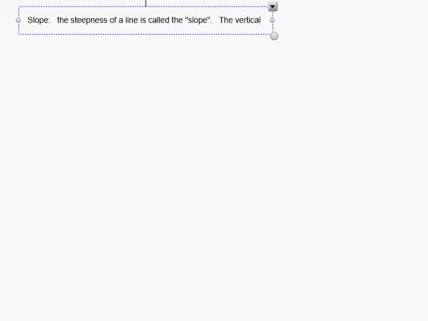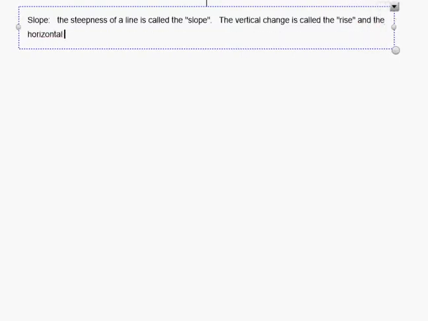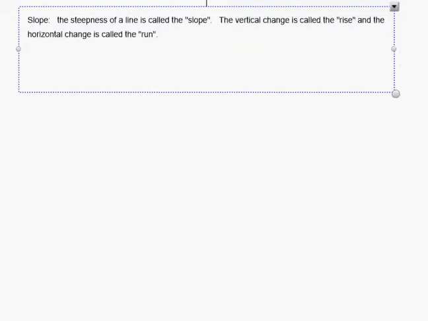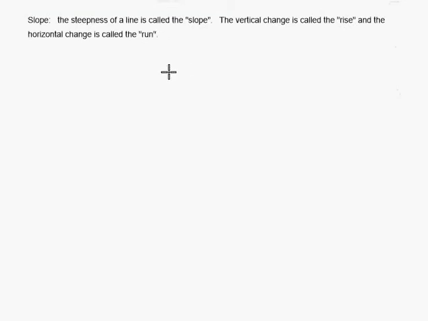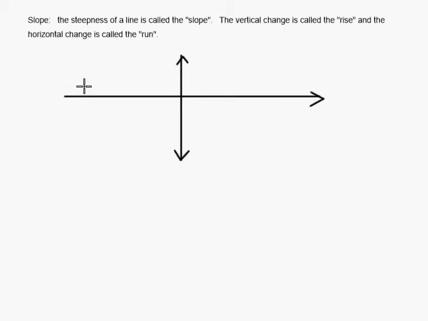The vertical change is called the rise, and the horizontal change is called the run. The horizontal number line, remember, is called the x-axis.